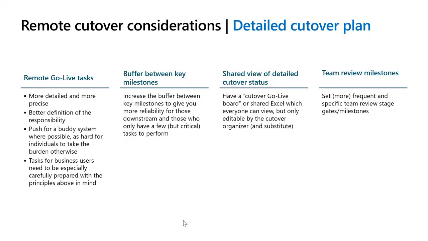When you've got a remote cutover, it's even more important that the steps are detailed and precise, right? You've got to have a better definition of responsibility, because you can't just chat to each other over a desk. Push for a buddy system where possible, because it's very often helpful, especially for critical tasks. When one person is doing the task, somebody's checking, right?